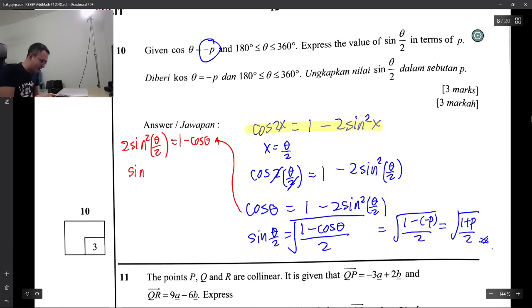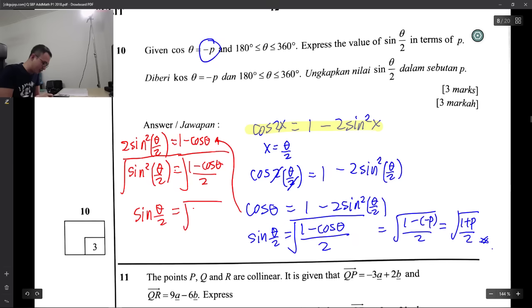And then I divide by 2 on both sides. So I get 1 minus cos theta over 2. And then I square root both sides. Then the square and square root cancel. I get sine theta over 2 equals square root of 1 minus cos theta over 2.